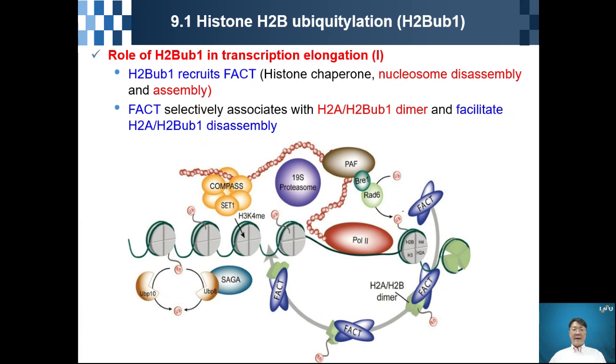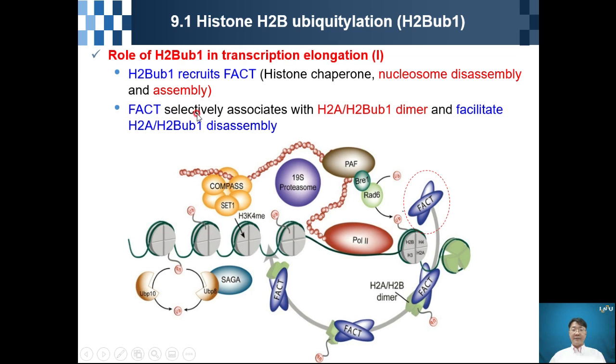After that, H2B-UB1 can recruit another protein, FACT. FACT is a histone chaperone. It plays an important role in nucleosome disassembly and assembly. The FACT protein can selectively associate with the H2A, H2B-UB1 dimer, the H2A-H2B dimer that is ubiquitinated.